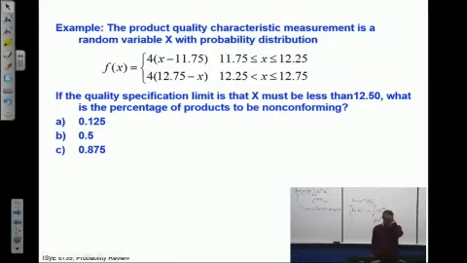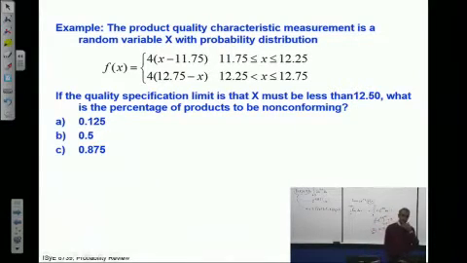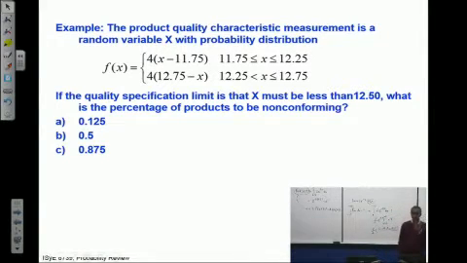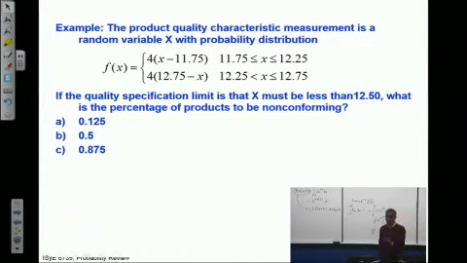So I'll give you a minute or so to try to solve this example. Simple. We have a quality characteristic, let's say it's the length of a product or part, and a specification limit says it should be less than 12.5. What is the percentage of non-conforming parts? Non-conforming means it doesn't satisfy, it doesn't meet, the specification.